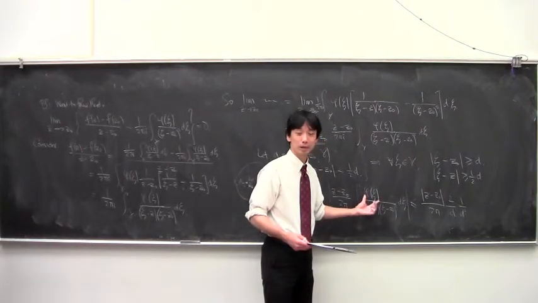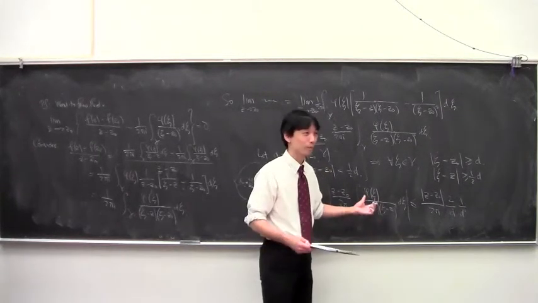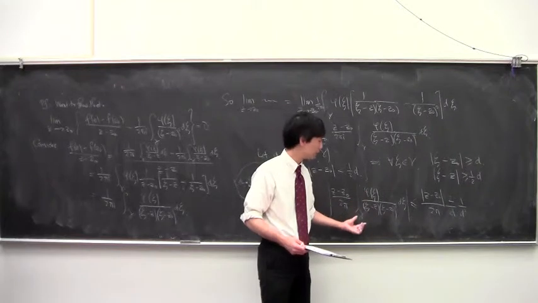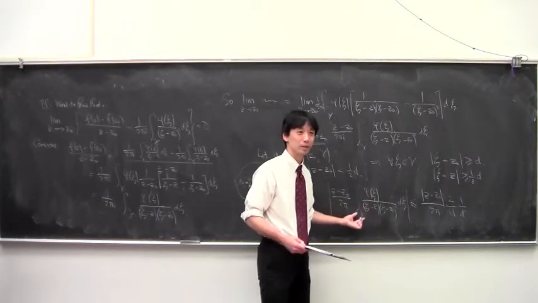You've got phi on this thing. Phi was continuous, right? And so you've got a continuous function on a compact set.